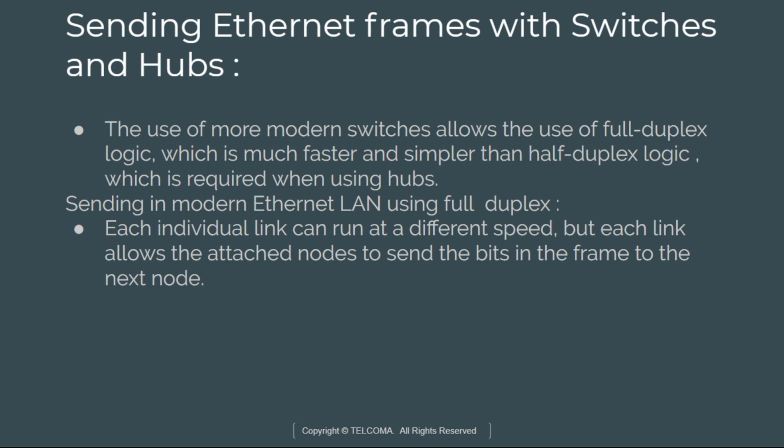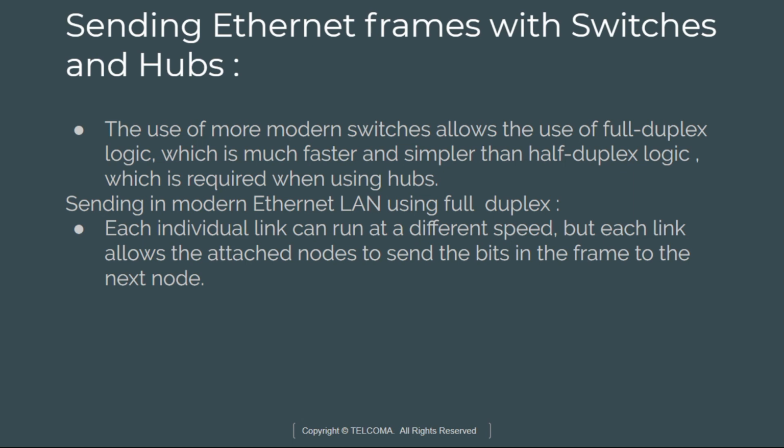Now if we talk about hubs, to understand hubs we have half-duplex logic. Like a switch, a LAN hub provides a number of RJ45 ports. These are the places to connect links to the PCs. Hubs use different rules for forwarding data. LAN hubs forward data using physical layer standards rather than data link standards, so they are considered L1 devices.